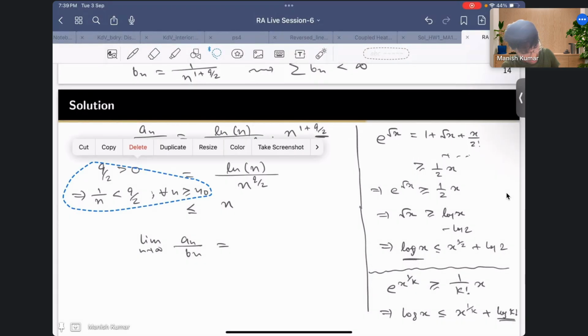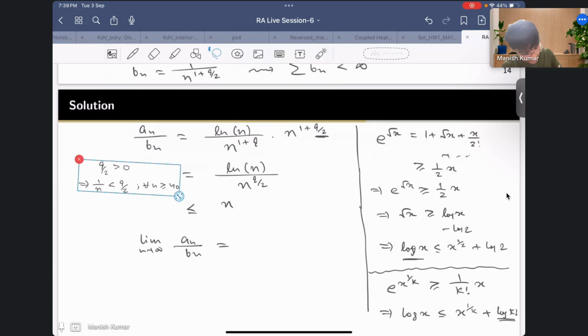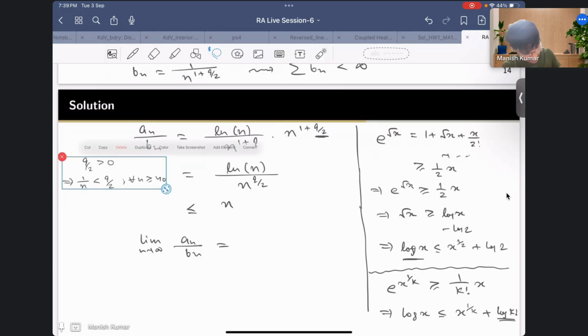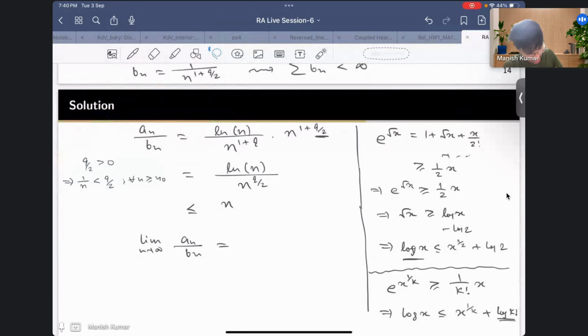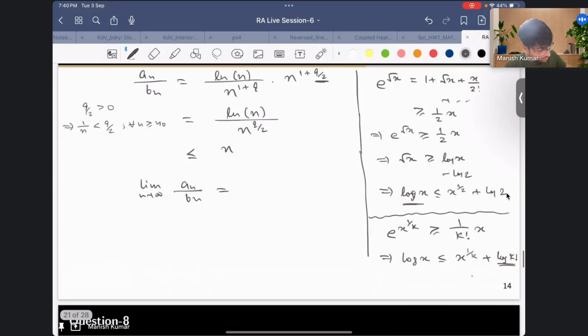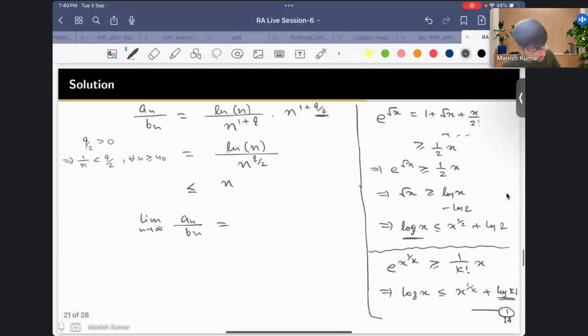Okay, so I have this n. I'm using n naught. So using this, I can write log n by n raised to the power q by 2, and let me write k here just for proper notation.